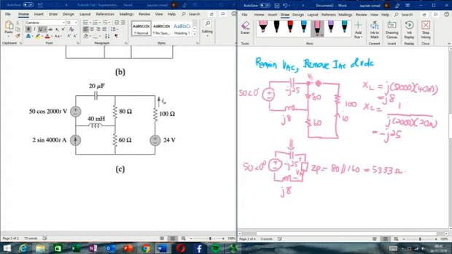And then to get the voltage here, VA, which is equal to the voltage at this node, we can simply use VDR. VA is equal to ZP divided by the total impedance ZP plus j8 minus j25, multiplied with the source, 50 volt.